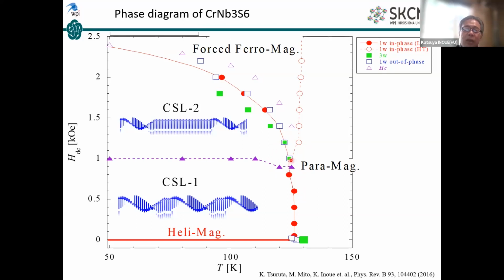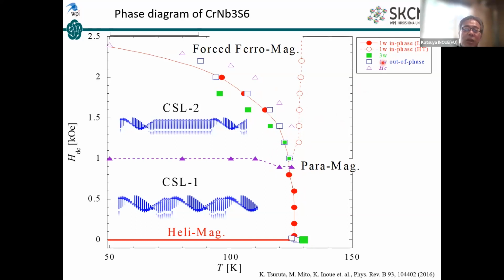And here the paramagnetic and forced ferromagnetic line can be measured by magnetic measurement. And this green is nonlinear magnetic susceptibility.